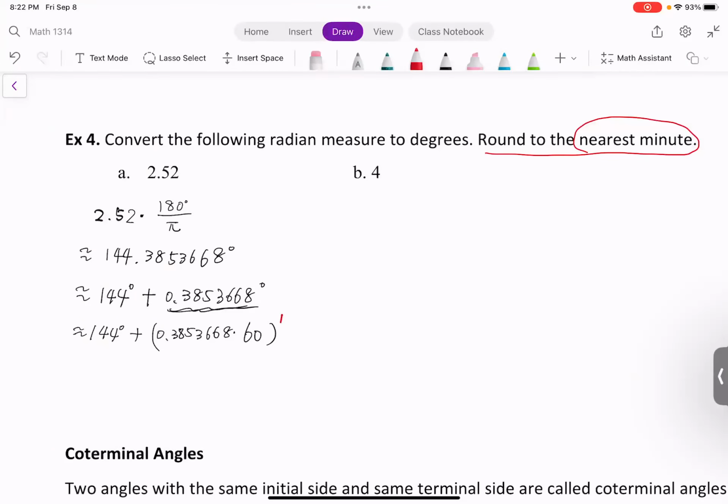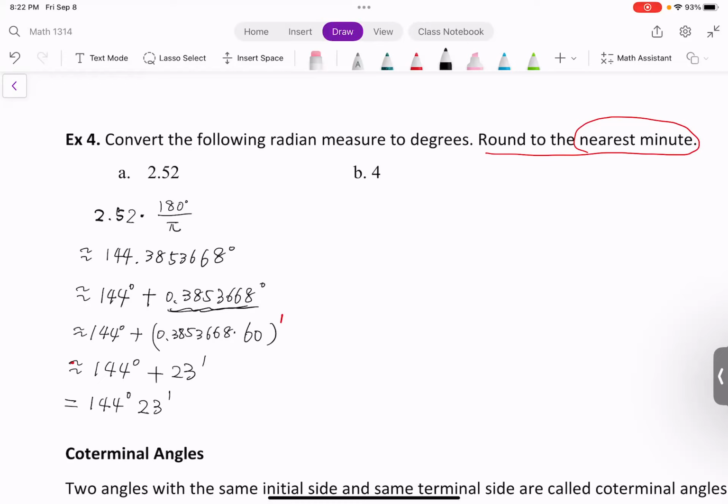So this one equals 144 degrees plus 23 minutes. And then this one is 144 degrees 23 seconds. Sorry, minutes.